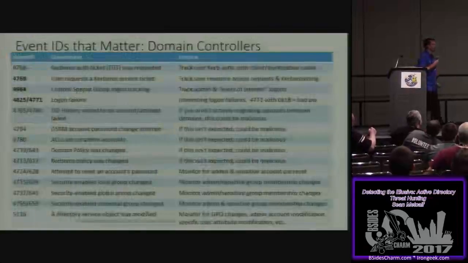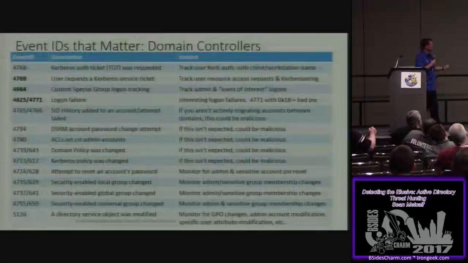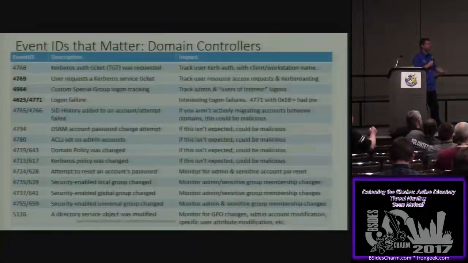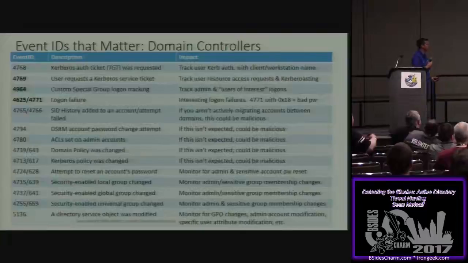So let's talk about the event IDs that matter on domain controllers. Kerberos auth ticket was requested. This is the initial Kerberos login. Kerberos service ticket request, custom special group logon tracking, logon failure, SID history added or attempted, DSRM account password change attempt. This is the local administrator account on domain controllers.